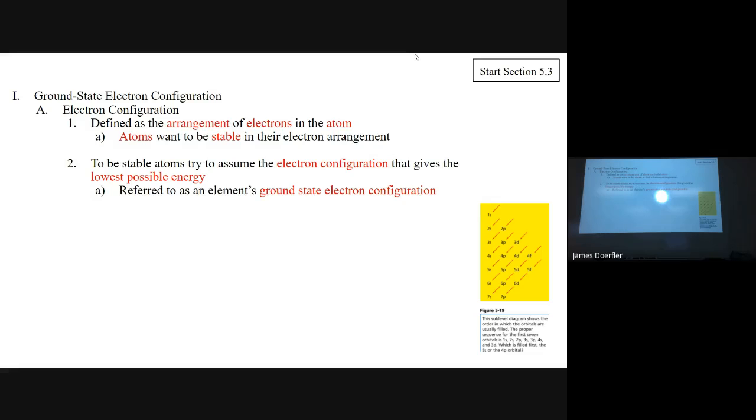And really we can do this because atoms always want stability. They always want to be stable in regards to their electrons. And so for atoms to be stable, they assume the electron configuration that gives the lowest possible energy. And so that's what this is doing. It's arranging them in the lowest possible energy, which is its ground state electron configuration.